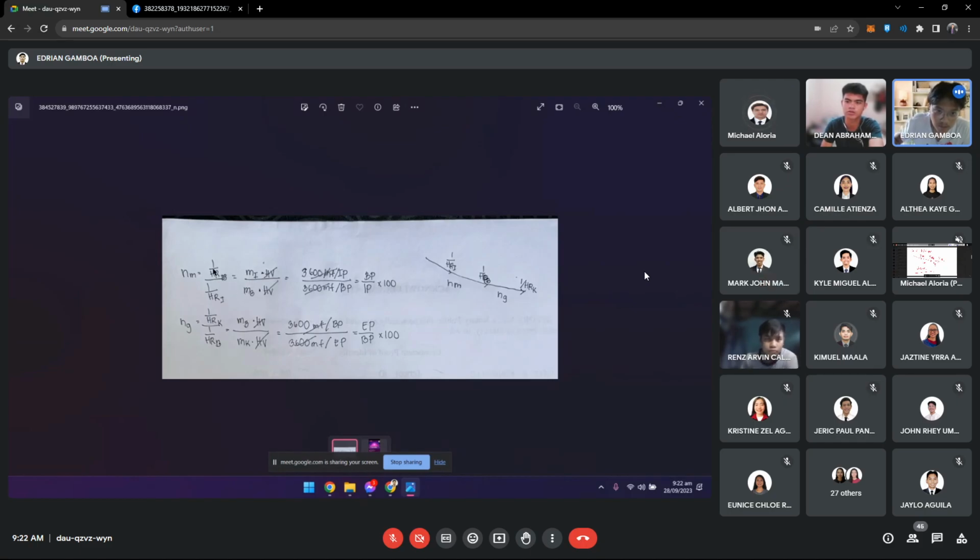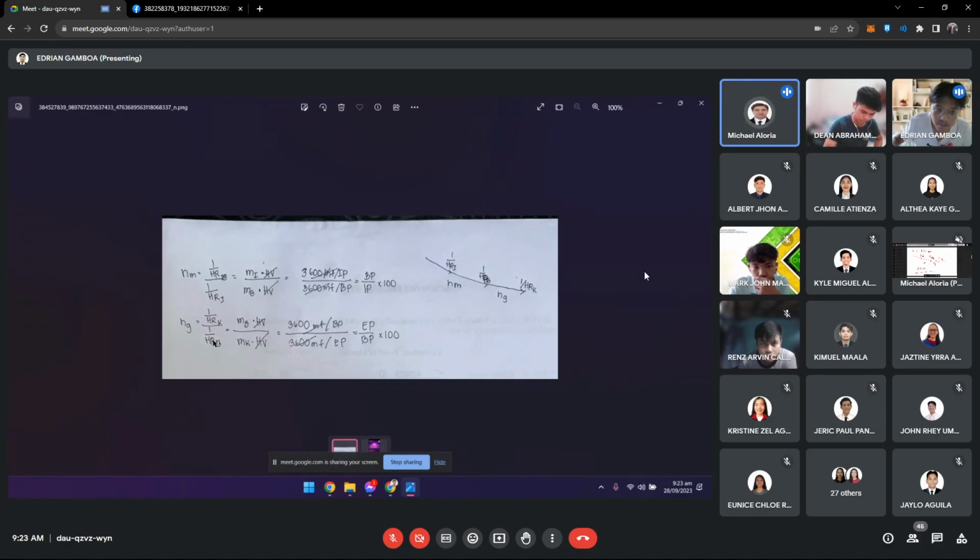Mare-reciprocal po sila, kaya magiging MI times HB over MB times HB. Makakancel po yung HB, matitira po yung MI at MB. Given po sa mga formula kanina, ang MI ay 3,600 mF all over IP, tapos ang MB naman po ay 3,600 mF all over BP. Makakancel po yung dalawa. Tapos po, mababaliktad po ng reciprocal. Mangyayari po ay brake power over indicated power times 100.